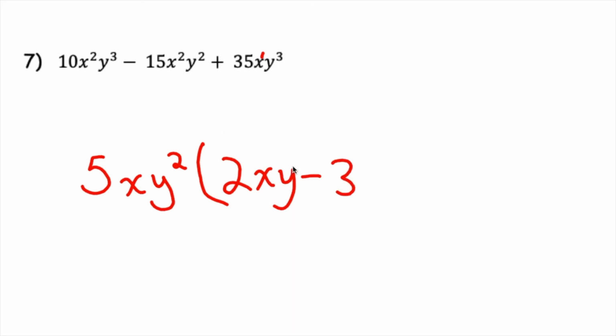I started with x squared, but I took one of them out, so I'm still left with one of them. And I started with a y squared, but I took a y squared out, so there are no y's left in that term. Last term, 35 divided by 5 is 7. I started with an x, but I took that x out, so there's no x's left here. And I started with a y to the third, and I took 2 of those y's out, so there is one y left. And that is your final answer.